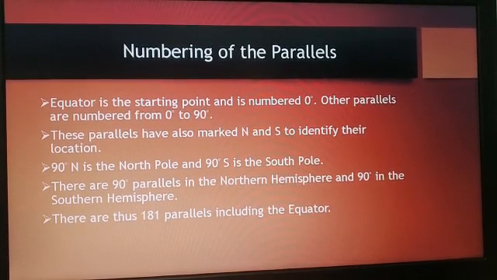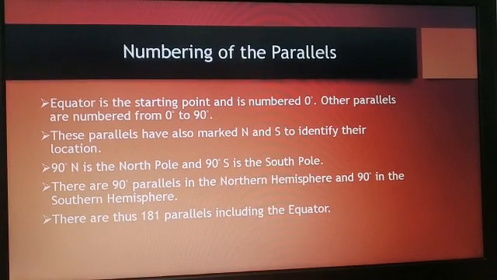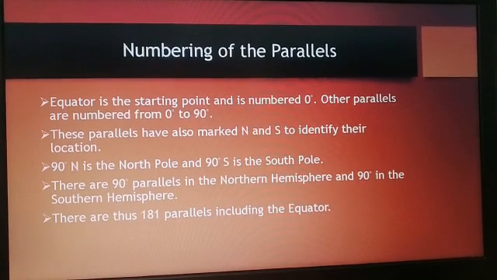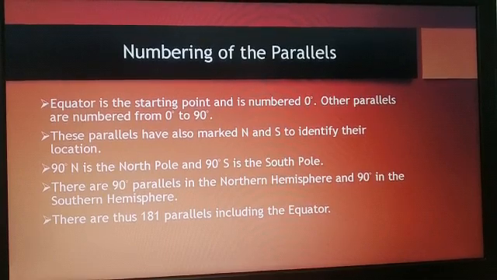Now the North Pole is written as 90 degree north and the South Pole is written as 90 degree south. There are 90 parallels in the northern hemisphere and 90 parallels in the southern hemisphere. Therefore, there are 181 parallels in all, including the equator.